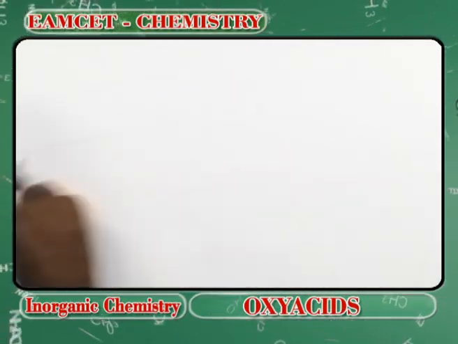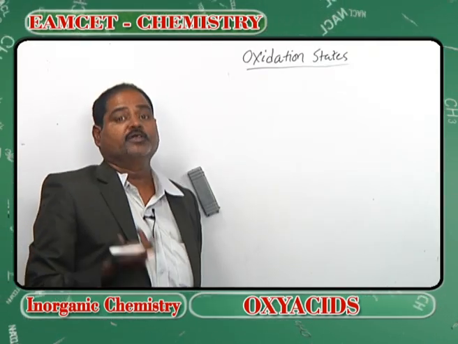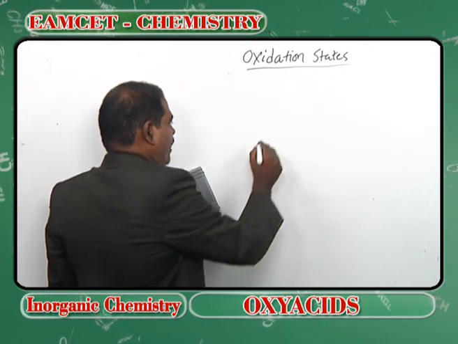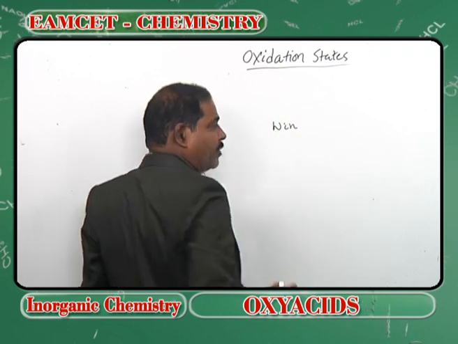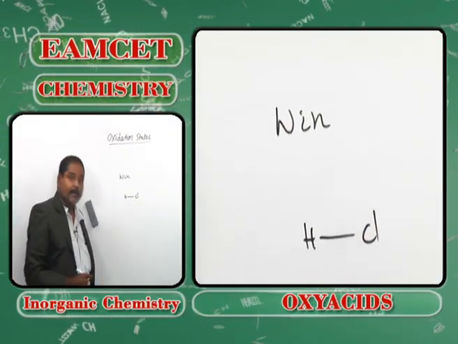Then, what exactly is oxidation state? I have been teaching you so much about oxidation state without actually telling you what is oxidation state. When you win a bond, winning a bond means HCl, you should consider that chlorine has won the bond.